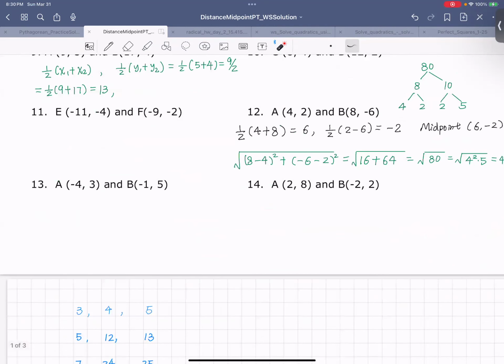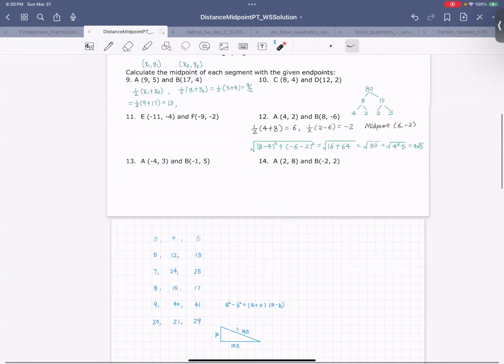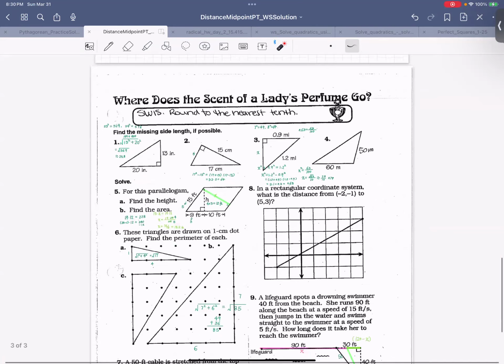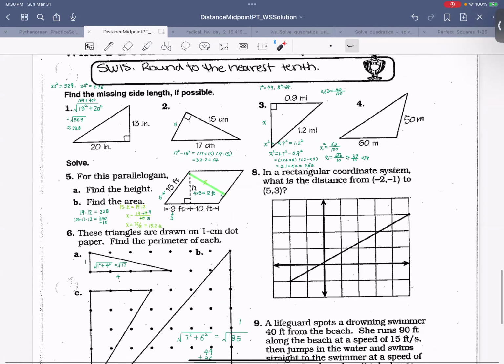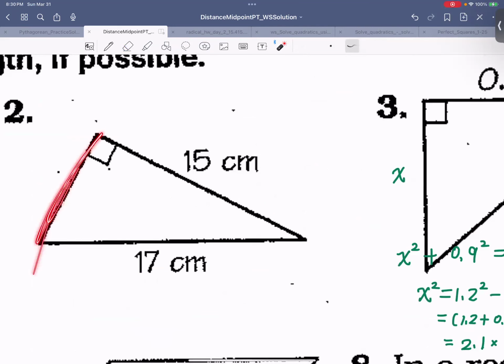Next one. Okay, hold on. We have one more page over here. Number 2. What's this side? 1 second. All of you should tell me this is 8, right?